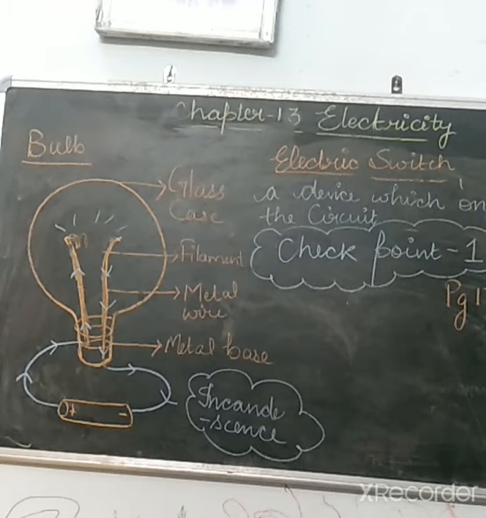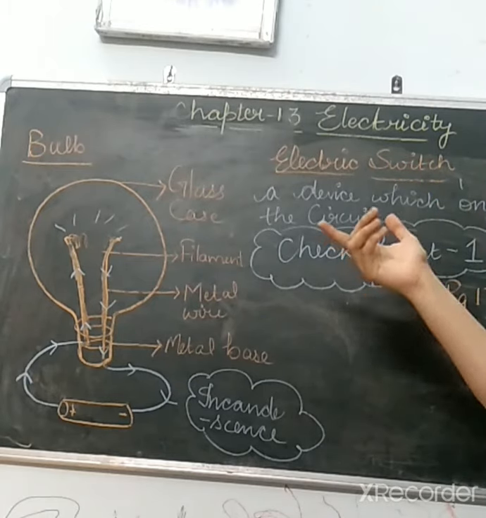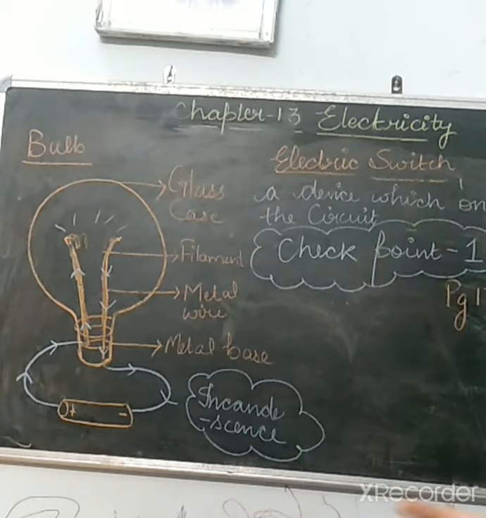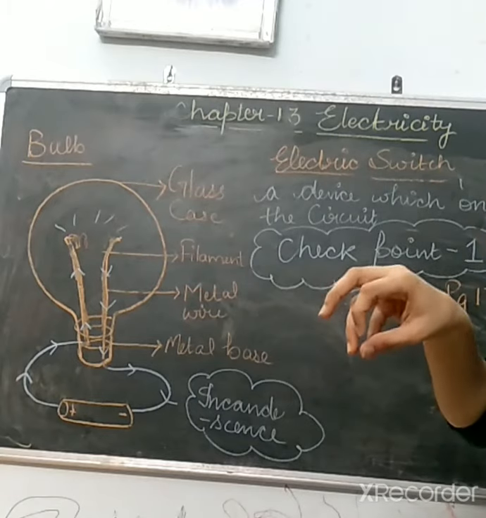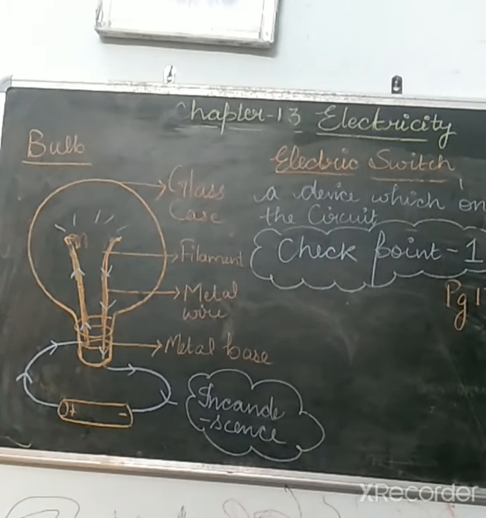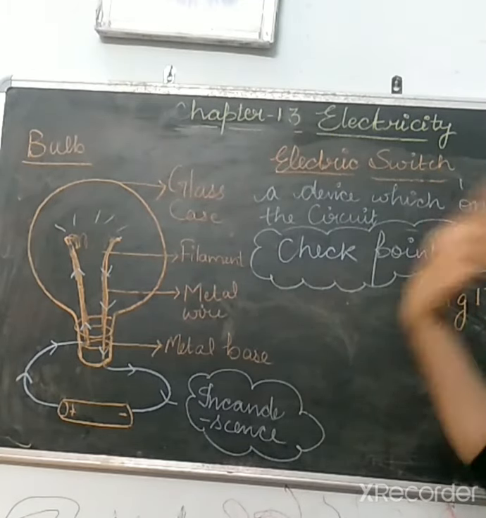Next one is the electric switch, and you know what the function of an electric switch is. It is basically an on and off device, and it makes or breaks the circuit. It means when we switch on, we close the circuit, and if we switch off, we open the circuit.